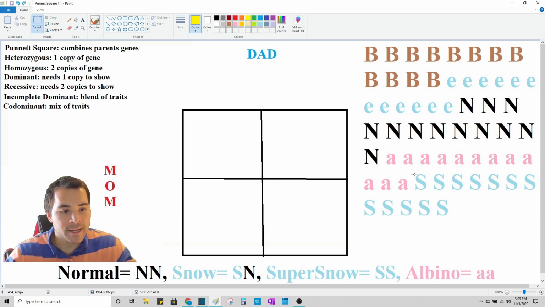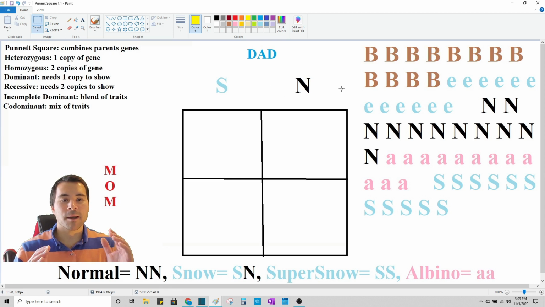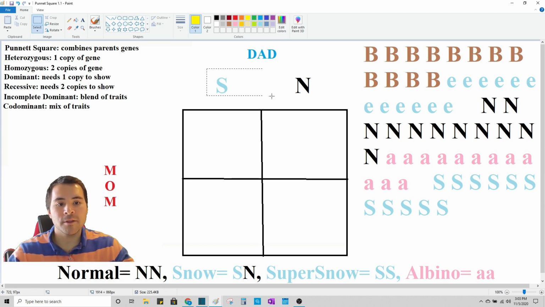So that is going to be represented by snow for big S and N for normal. And remember, these two are going to blend together to create a snow-looking gecko. If you haven't seen my video on leopard gecko morphs, there's plenty of showings of a snow leopard gecko in there. This is the DNA of a snow leopard gecko. This is what it looks like on the inside.